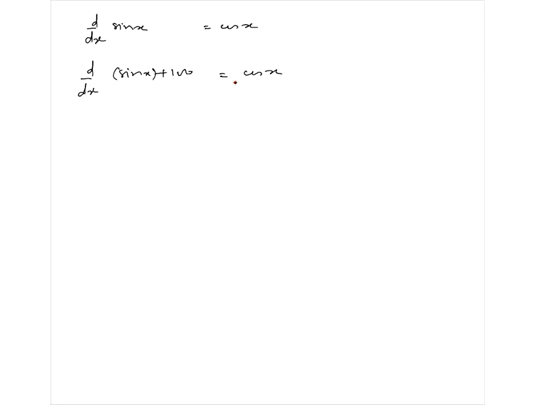Okay, that has come from the formula: differentiation of first function plus second function is differentiation of first plus differentiation of second. What is differentiation of 100 alone? Constant, 0. Differentiation of constant is 0, 100 or any constant. So that's why you get cos x.